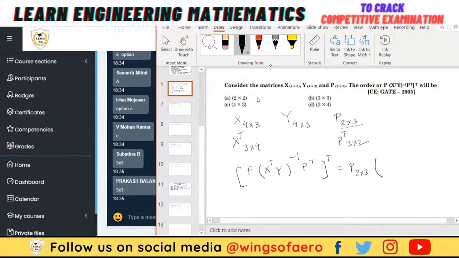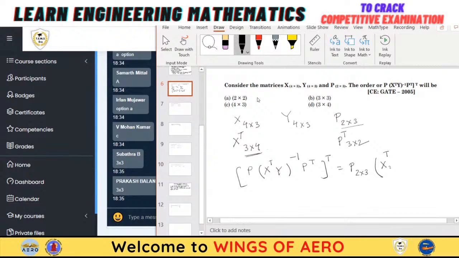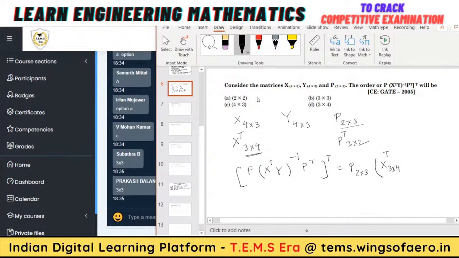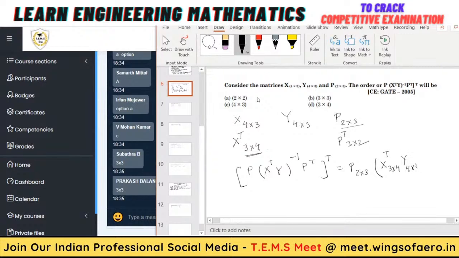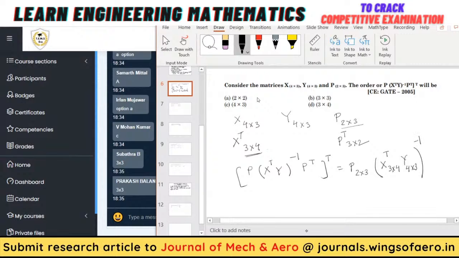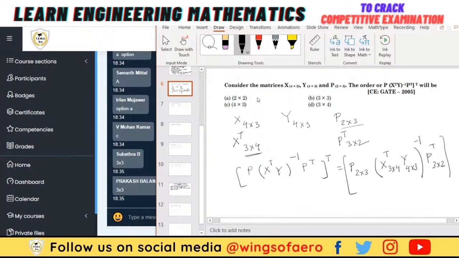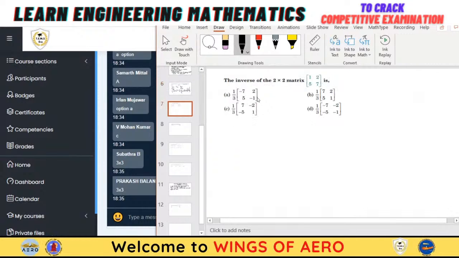X transpose is 3 cross 4. Y is 4 cross 3. Inverse P transpose is 3 cross 2, and it is whole transpose. Okay, sorry.